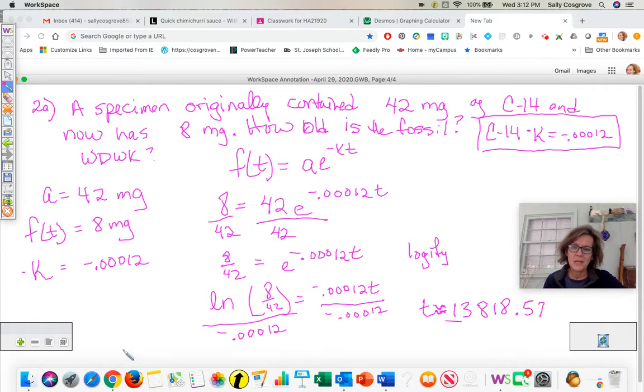So let's write our sentence, because we always need to answer a word problem in a sentence. And the question is, how old is a fossil? So we could say the fossil is about 13,819 years old, and we'll round to the nearest year.